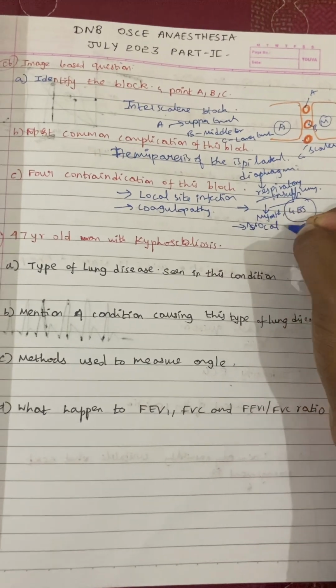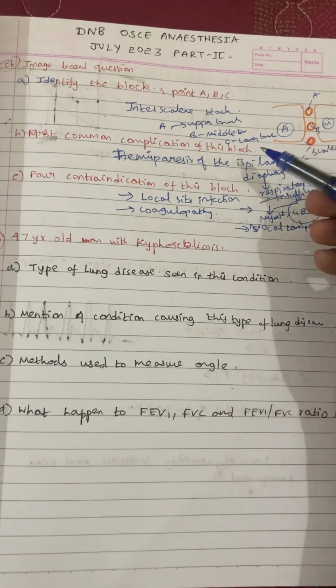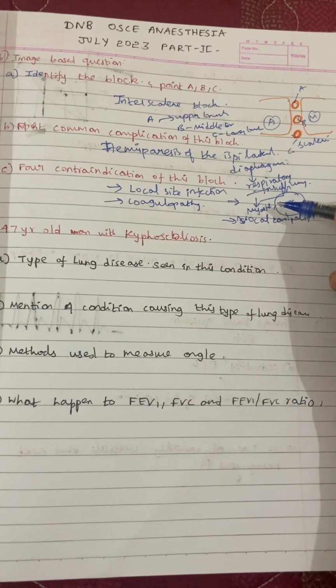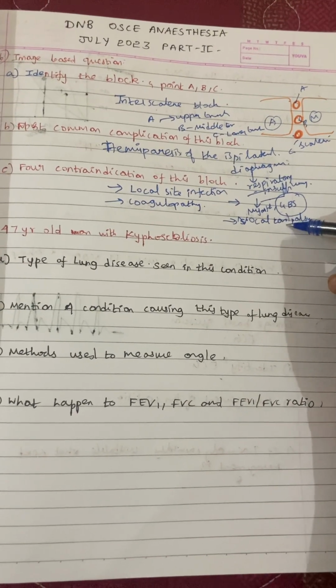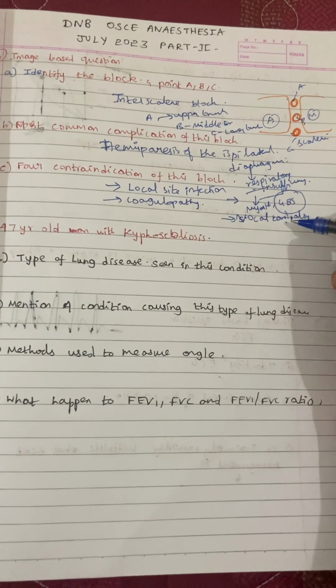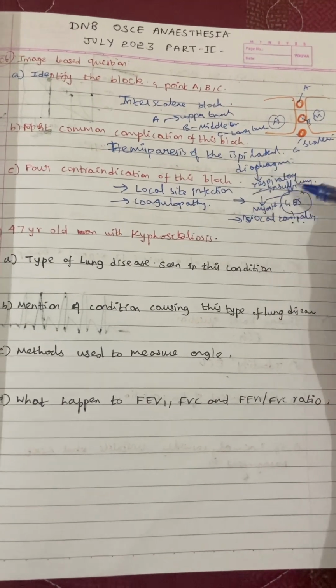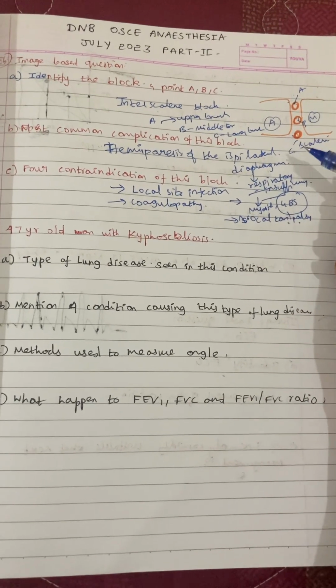If the patient has vocal cord palsy and you give the block, and it blocks the recurrent laryngeal nerve, it can result in stridor. So you should take care of patients with vocal cord palsy before giving the block. These are the 4 contraindications. This is the sixth question on the interscalene block.